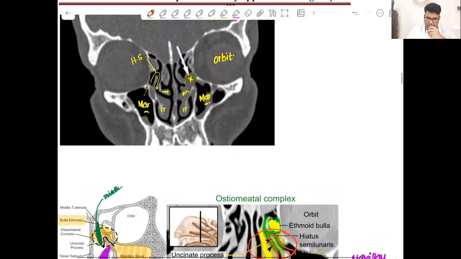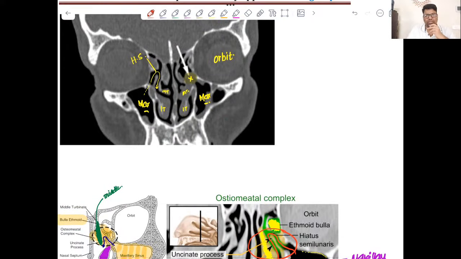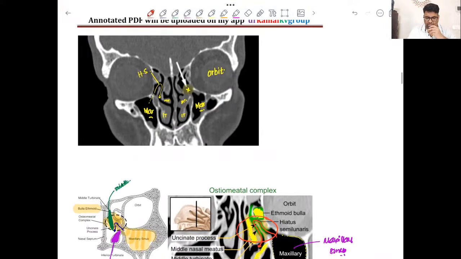So in this case you can say there is a blockage of the osteomeatal complex, right? Or in simpler words you can say there is blockage of the maxillary sinus opening, right?